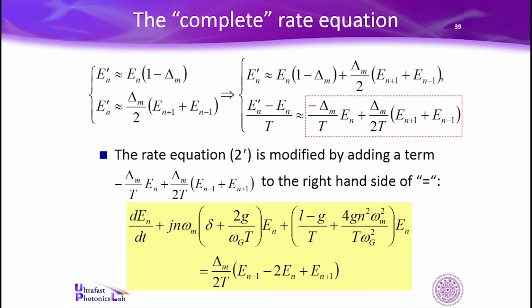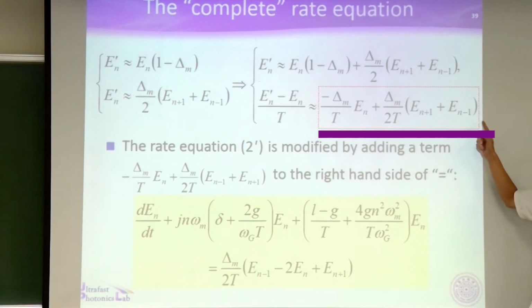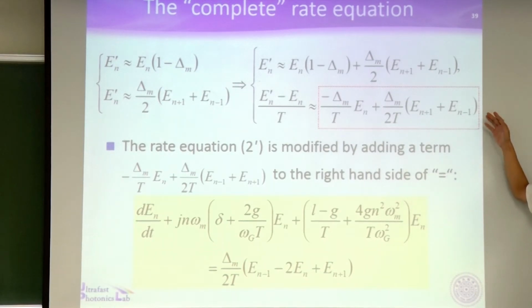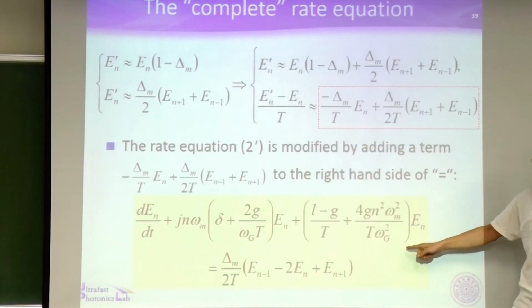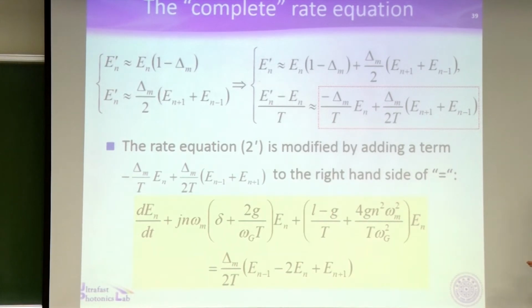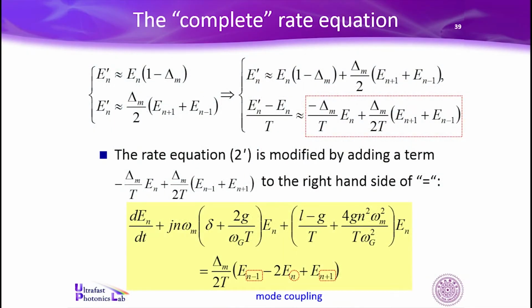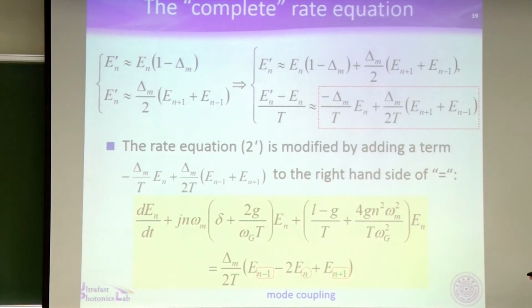And if you take the difference quotient with big T approaching 0, you can transform from a difference equation to a differential equation. And this is the corresponding differential equation including every effect. Looks complicated, but at least now you can clearly identify that mode coupling occurs, because n minus 1 and n plus 1 appear together in one differential equation.